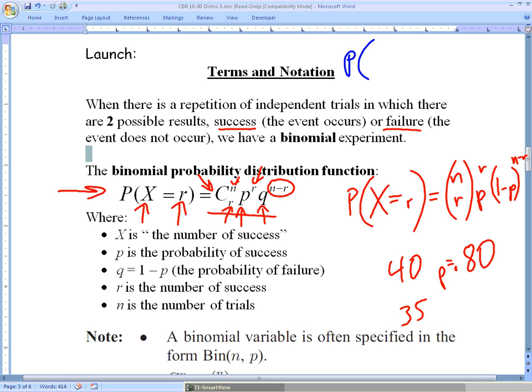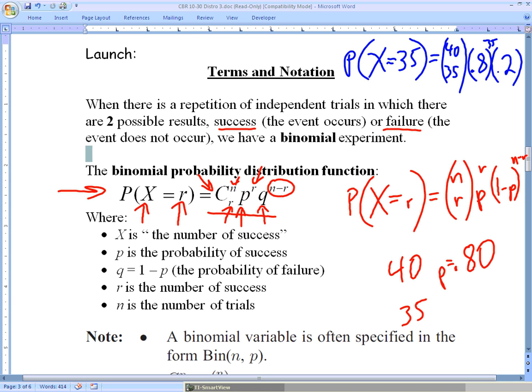I would say, the probability that the number of students, that's what big X stands for, the number of students passing my class is 35, is equal to the total number of students, so 40, choose 35, times the probability that a student will pass, because that's what I want to find out, 0.8, to the power of the number of students I want to have pass, which is 35. And then I do the complement of that, which would be 0.2, or 1 minus 0.8, to all the remaining.